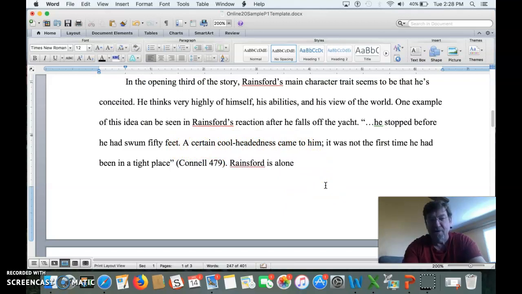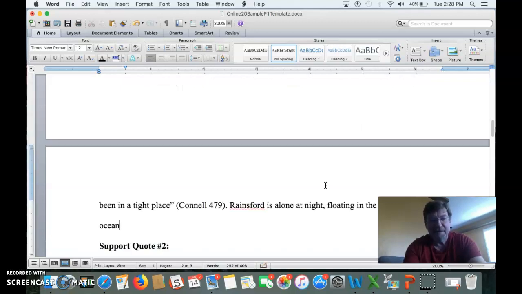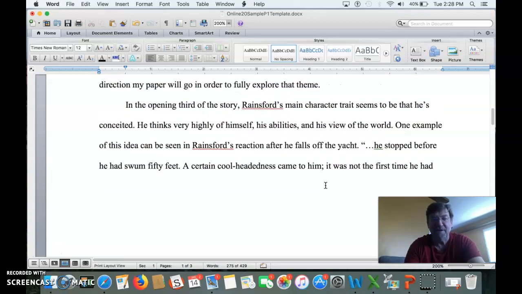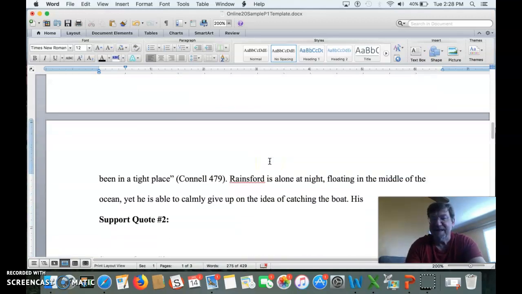Rainsford is alone at night, floating in the middle of the ocean, yet he is able to calmly give up on the idea of catching the boat. I want to say his reaction, but I already said reaction right here. I need another way to say that.